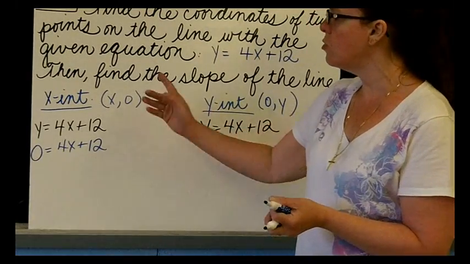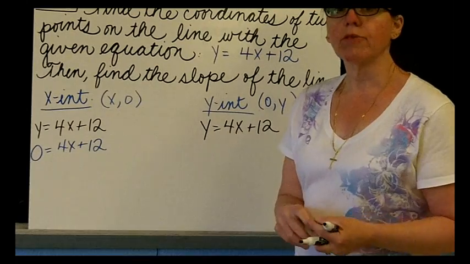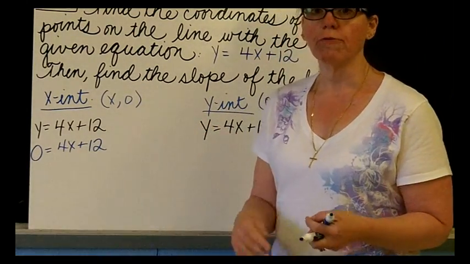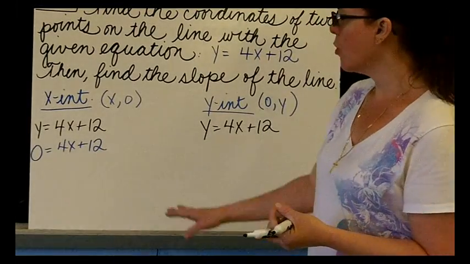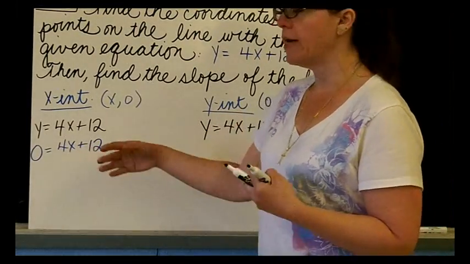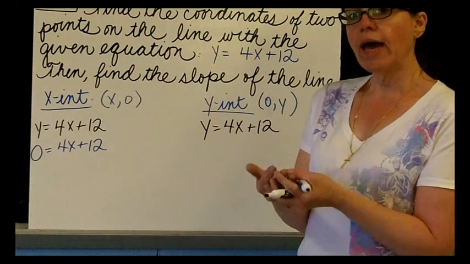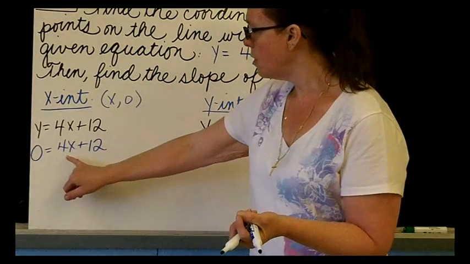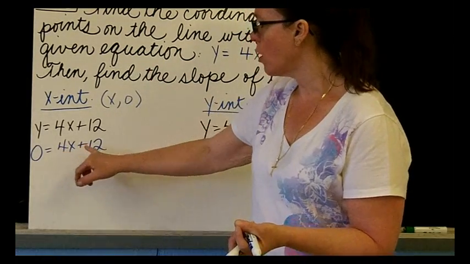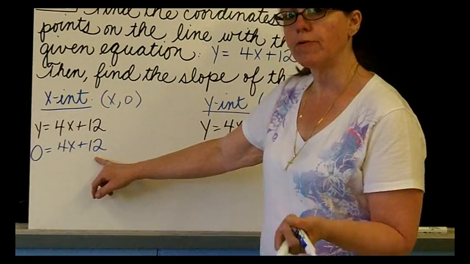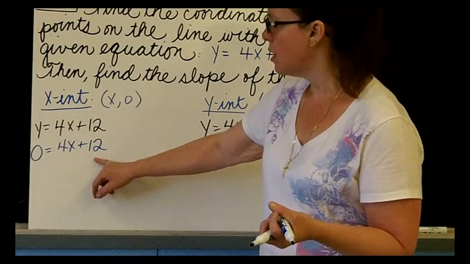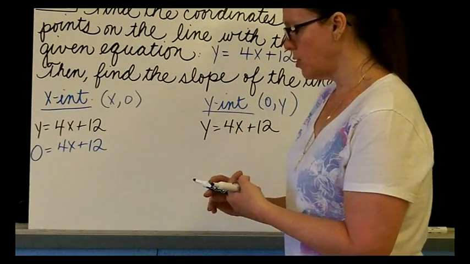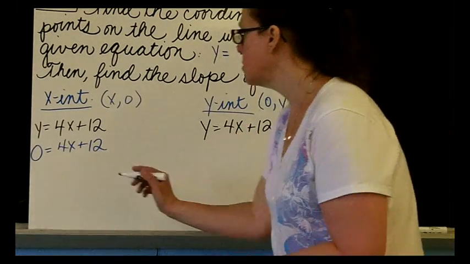But this is a skill you learned way back near the beginning of the year, where we were just solving equations to find the value of the variable. Our goal here is to get the x by itself. And right now, the x is being kept company, so to speak, by 2 numbers. Its coefficient 4 and the constant 12. And if you remember from what I taught you way back months ago, the first thing to do is to get rid of the constant. And what we're going to do is subtract 12 from both sides.